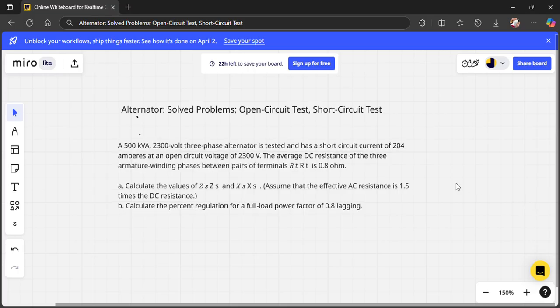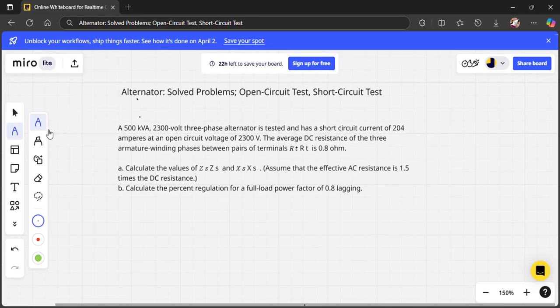So first, guys, let's try the givens, of course.